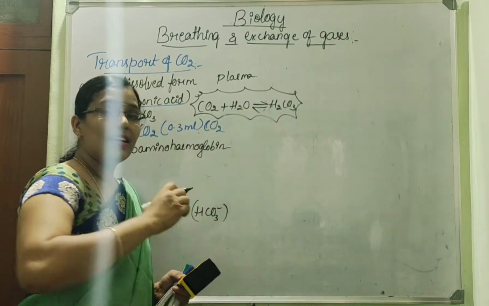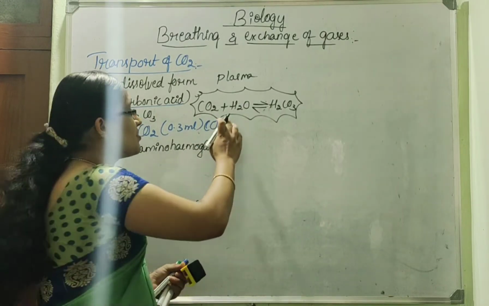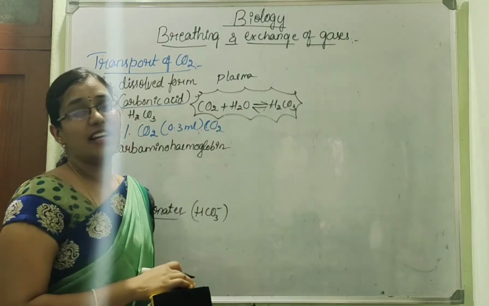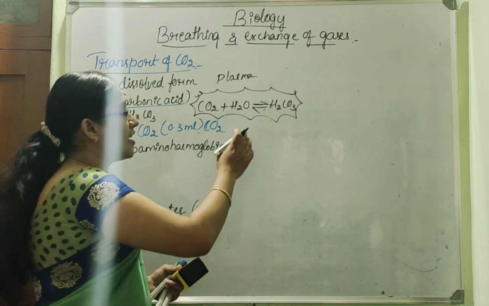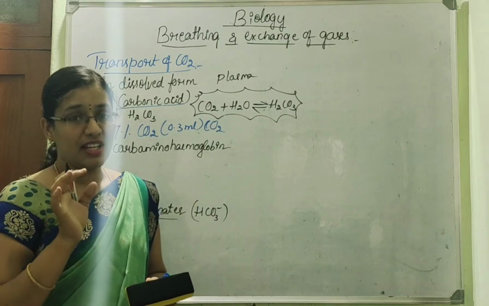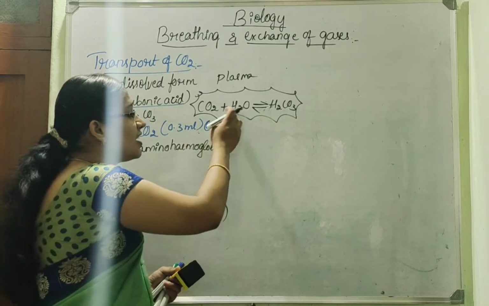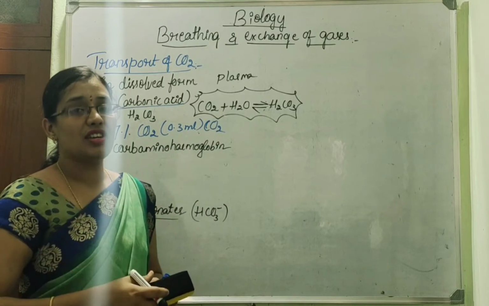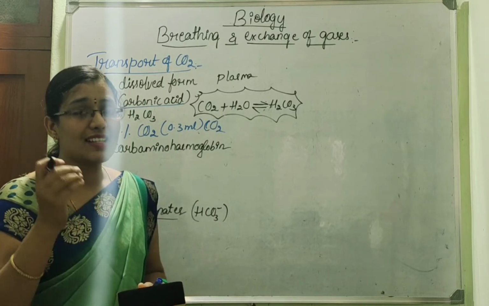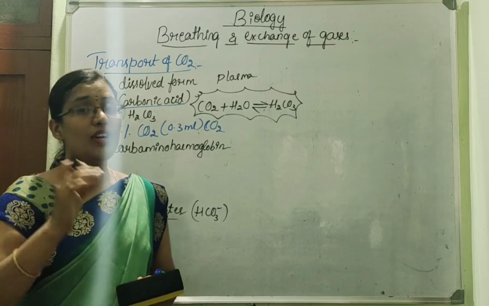And here in case of plasma, this reaction takes place at a very slow pace. Why? Because there is no catalyst enzyme present in the plasma. So to catalyze this reaction at a faster rate, this reaction requires an enzyme called carbonic anhydrase.